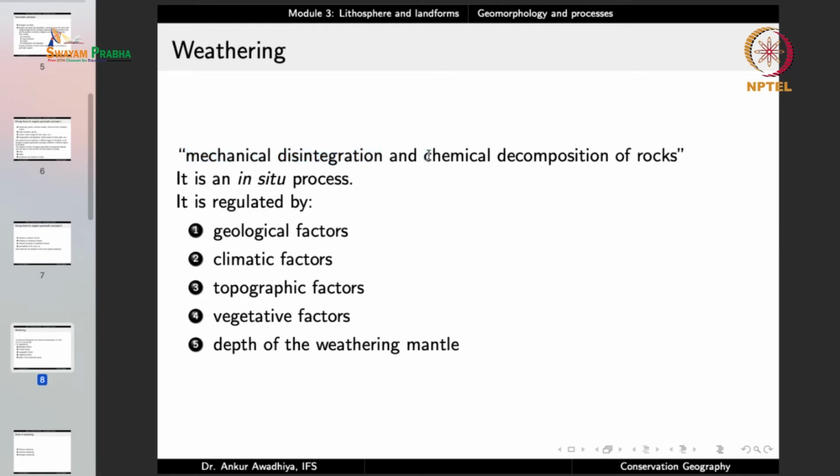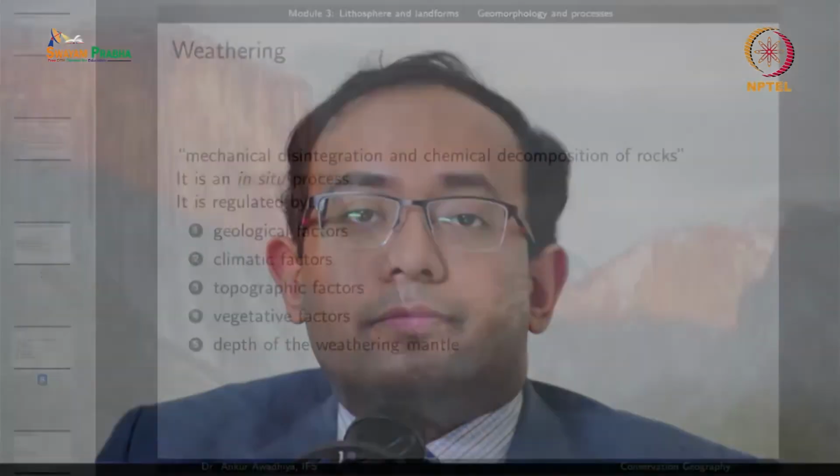And they are getting chemically decomposed, meaning that chemicals are acting on these rocks and decomposing them through a chemical process. And this process happens in situ, which means that it occurs on the site of the rock. We are not talking about transportation of the rock to any other area. The process of weathering will occur wherever the rock is.